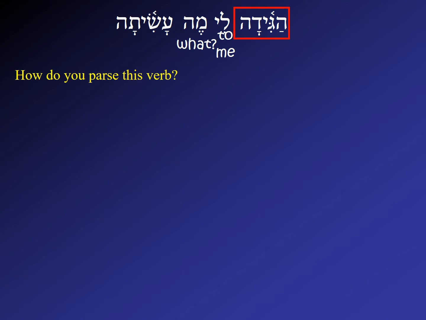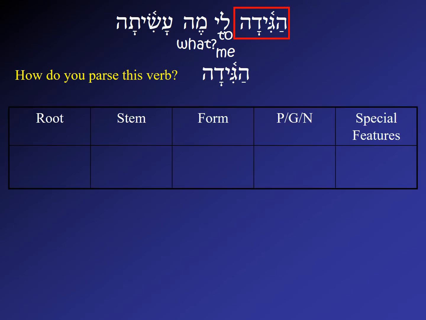Now we can look at our verbs. So hagida, we've actually just seen this verb. If we look at the stem, we have a he preformative with a patach, and we have a hirek yod between the last two root radicals. So this is going to be in the Hifil stem. The he preformative with a patach is an indicator of the Hifil imperative.